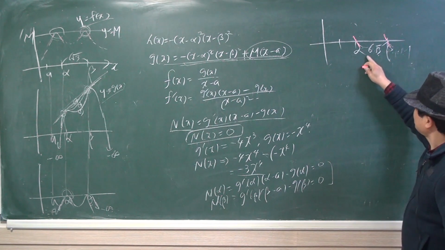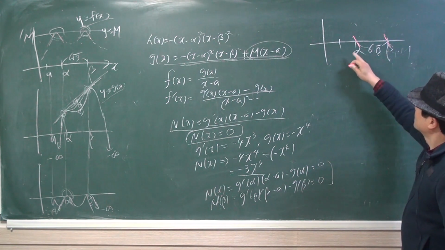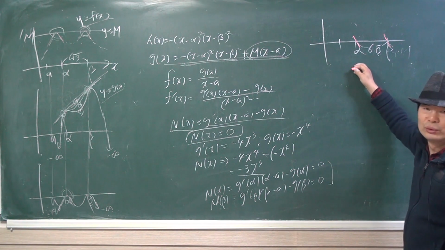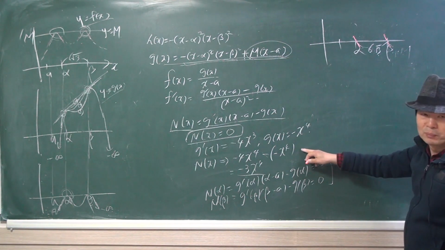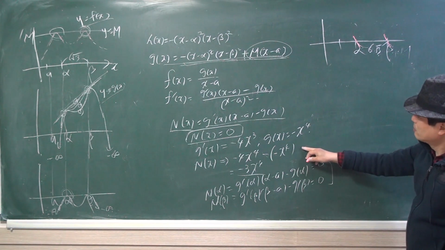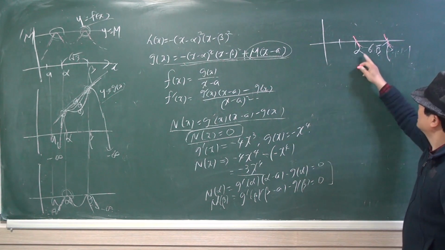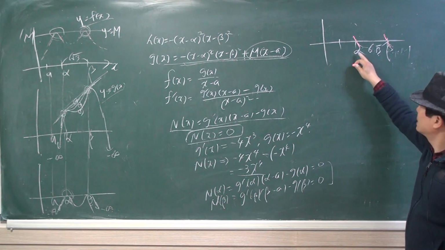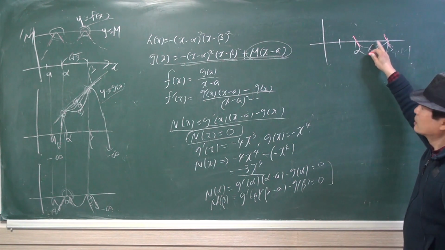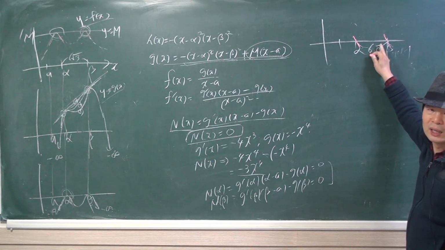And we have only found two solutions, but since n(x) is a polynomial function, it must behave analytically. That means it behaves continuously and smoothly.